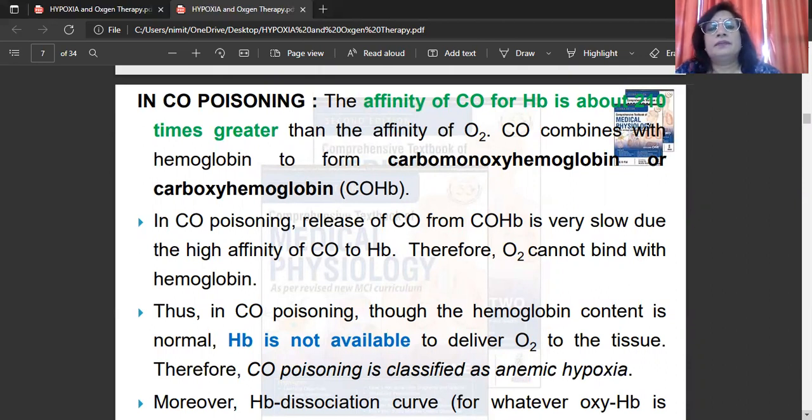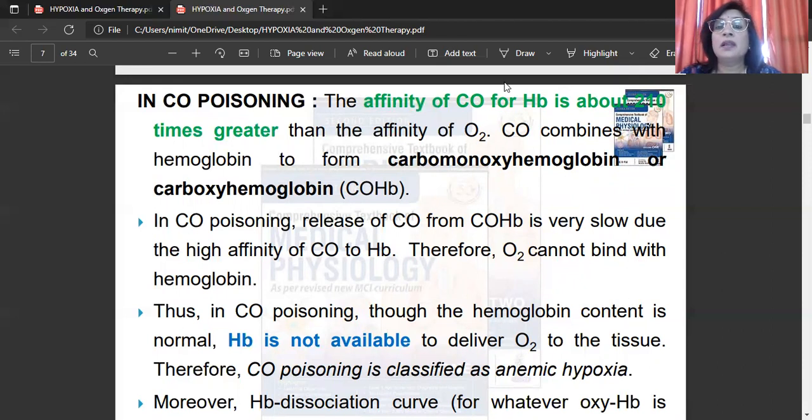In this case, the affinity of carbon monoxide for hemoglobin is much more. How much more?